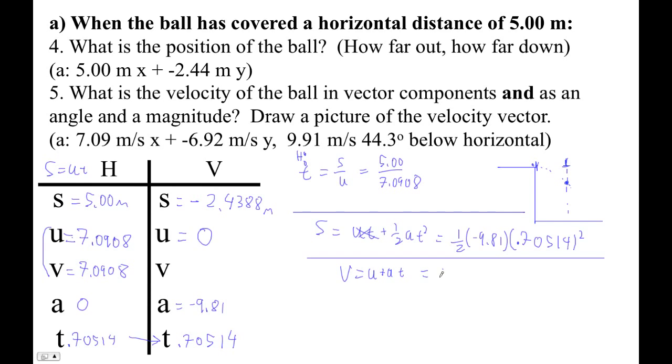Right, so it's 0 plus negative 9.81 times 0.70514. Okay, so negative 9.81 times alpha t, negative 6.917.